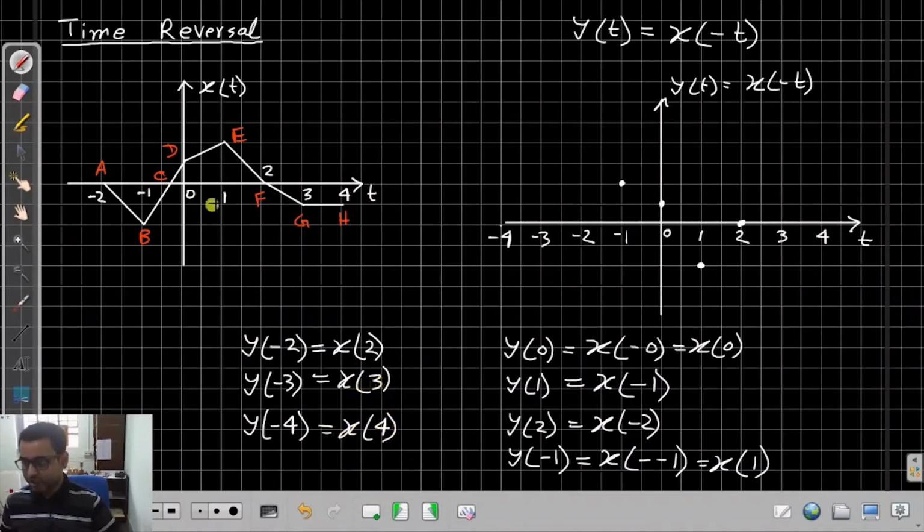Now x3 is minus 1, so here we will put minus 1, and x4 is also minus 1. Okay, and to get the value here, x2 is 0. Okay, so these are the points. Now let us join them like this.